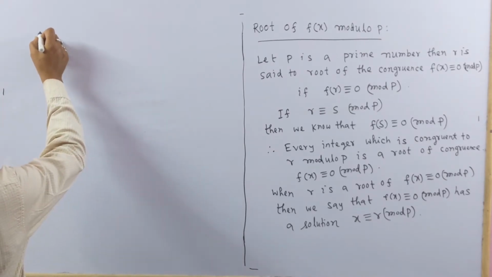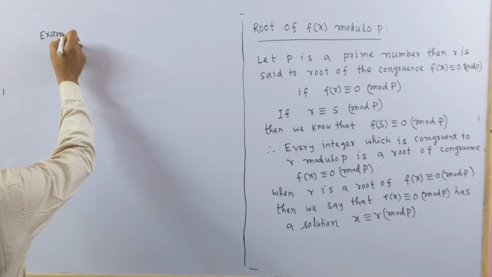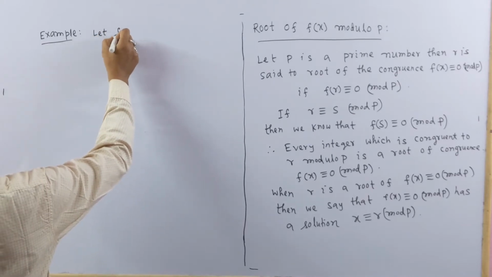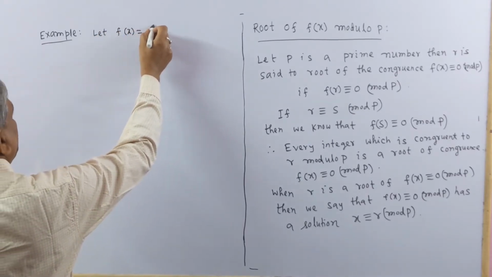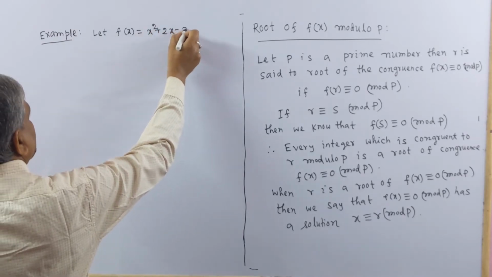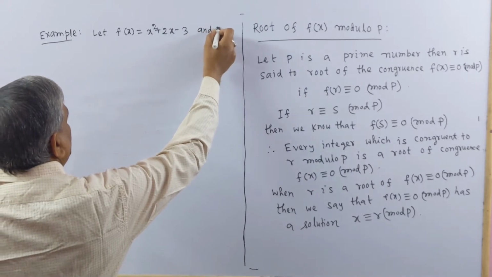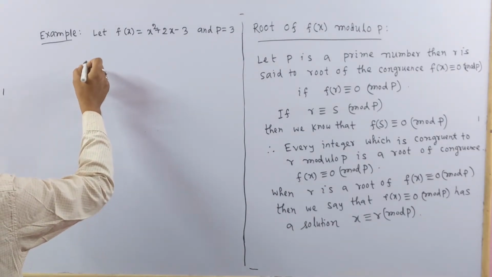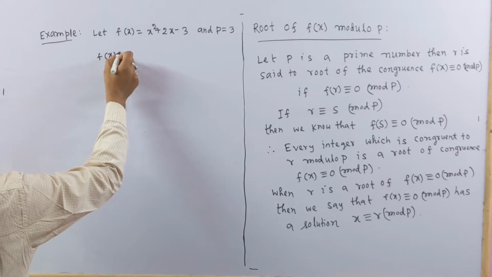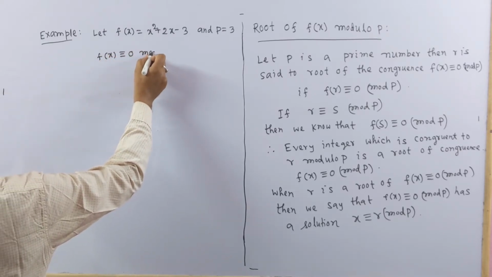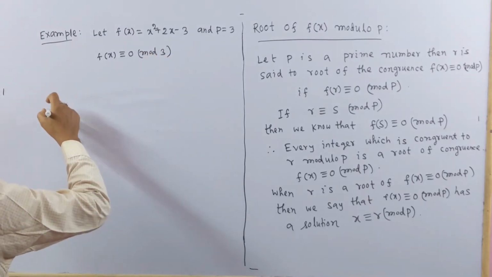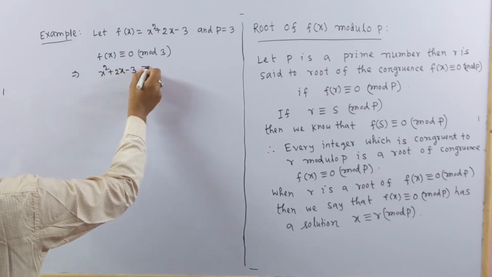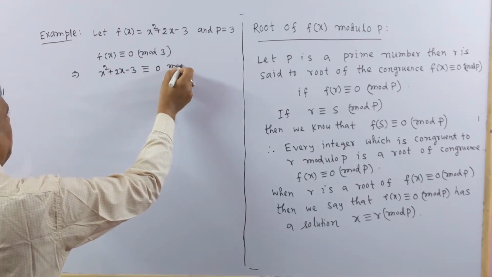Now we give examples. Example. Let f(x) equal to x square plus 2x minus 3 and p equal to 3. Now f(x) is congruent to 0 modulo 3 implies that x square plus 2x minus 3 is congruent to 0 modulo 3.